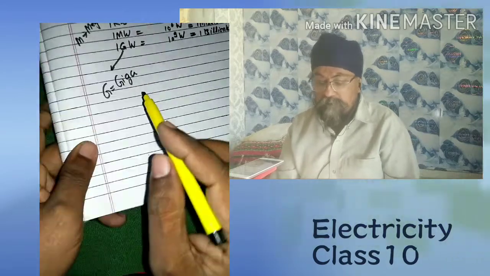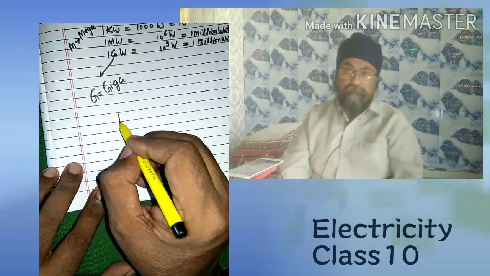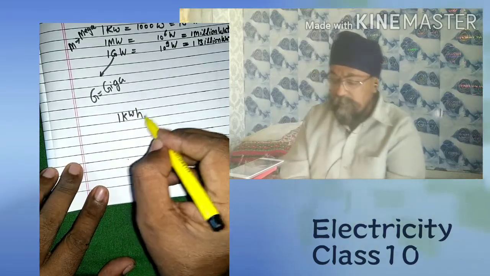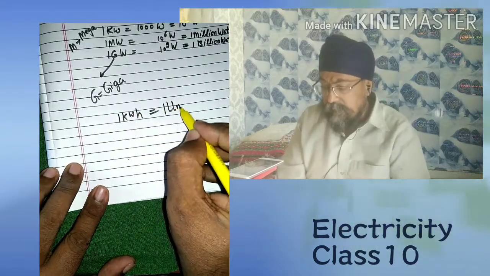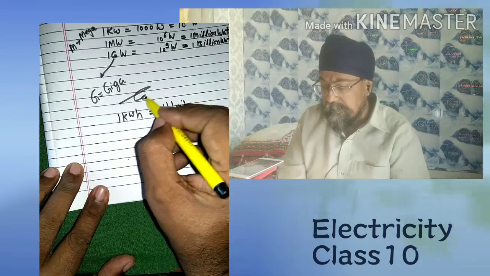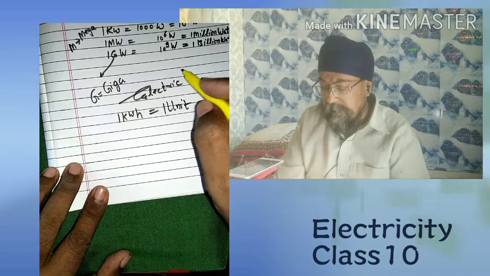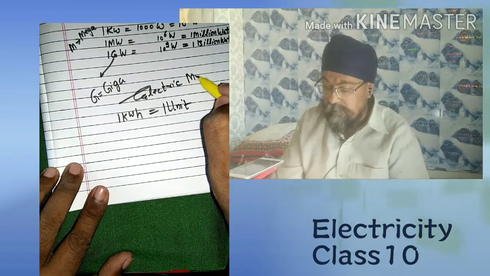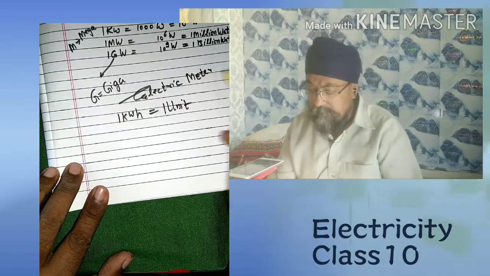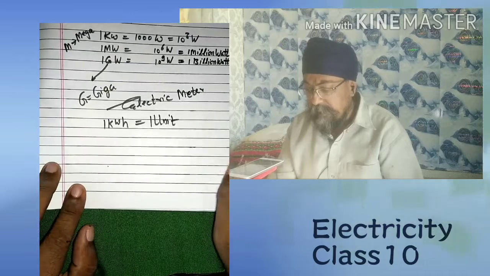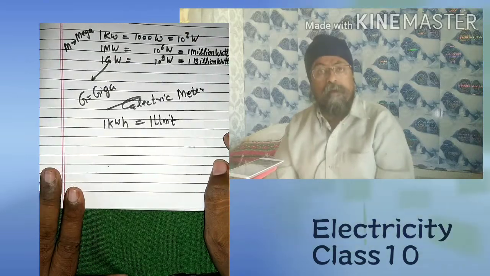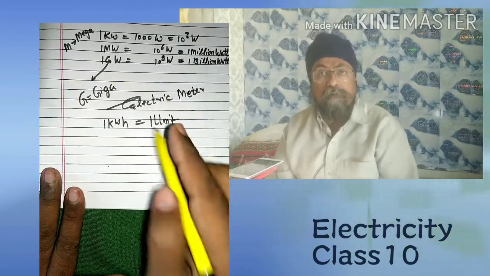And keep in mind, in domestic electric meters, 1 kilowatt hour is considered as 1 unit. In the electric meter installed in our homes by the electricity department, we see 30 units, 40 units, 50 units. That unit means 1 kilowatt hour.